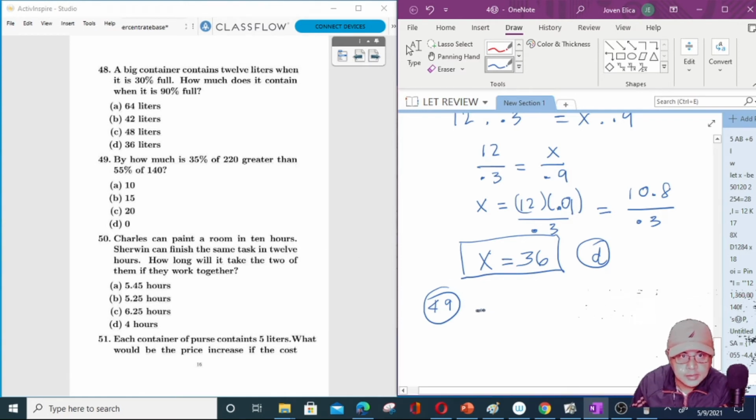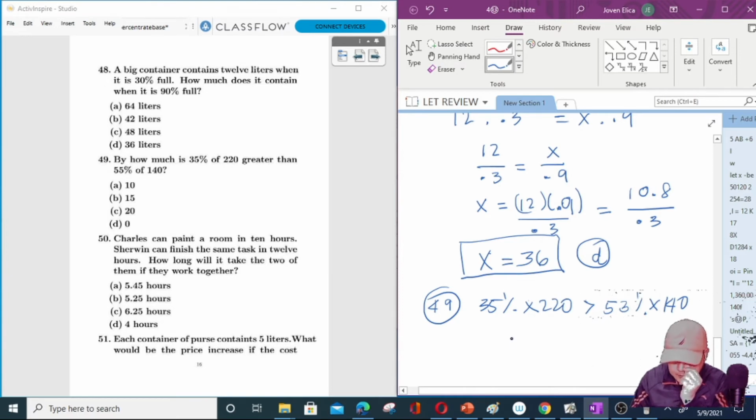It says 35% of 220. Of is also equivalent to multiply. Greater than 55% of 140, multiplied by 140.